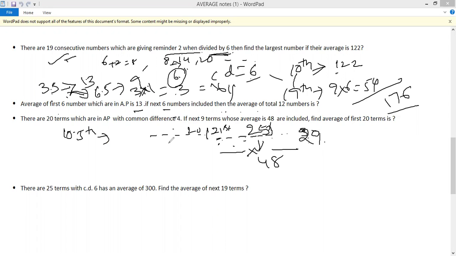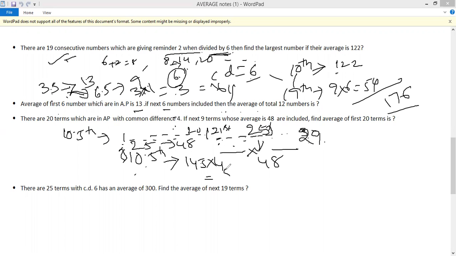You have to calculate the average of the first 20, that is (1 plus 20) by 2, the 10.5th term. The 25th is given as 48, and you have to calculate the 10.5th term. How much is the gap? The gap is 14.5. The common difference is 4.